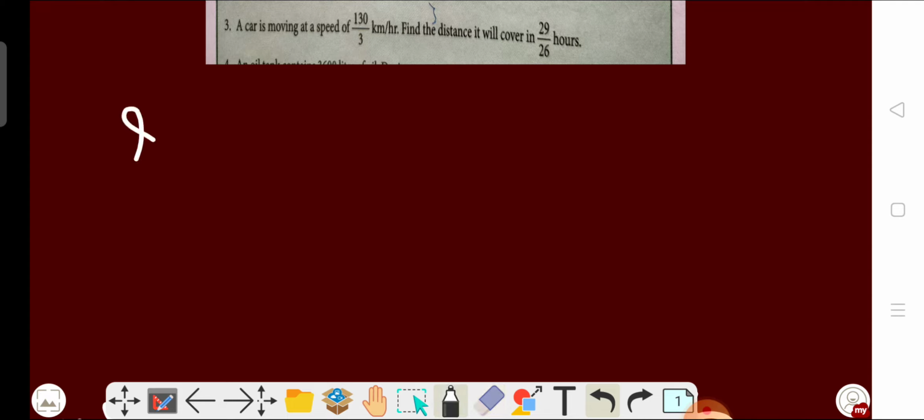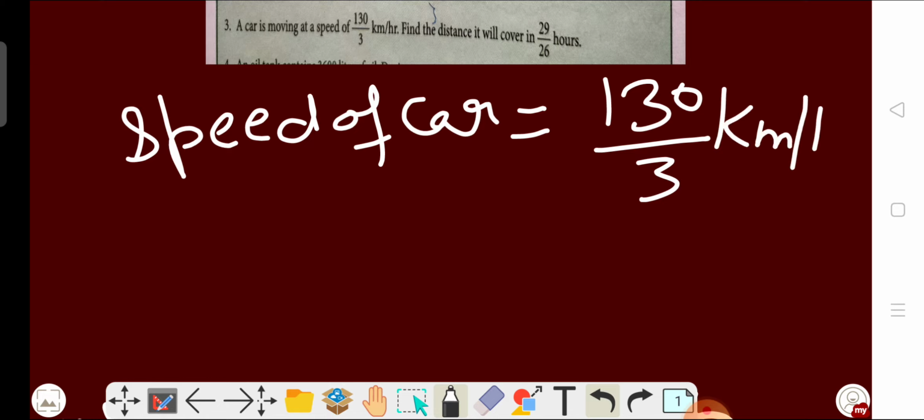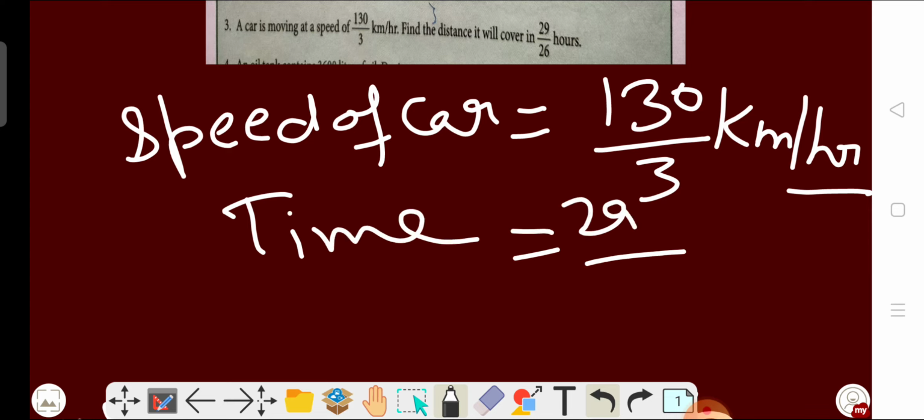So the speed of the car is 130/3 km per hour, and the time is 29/26 hour.